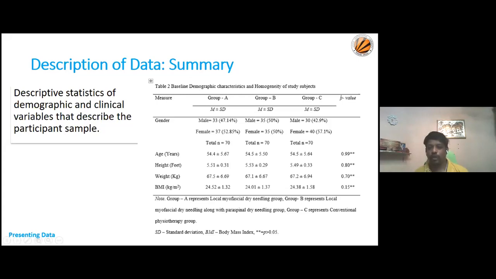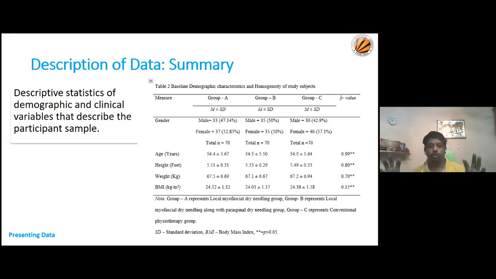Quite often, in our physiotherapy literature, we just ignore this. We are not putting more significance on providing the differences of p-value. Because this is very, very important, especially when you compare your interventions against the gold standard or against the control group. You should have homogeneous populations.